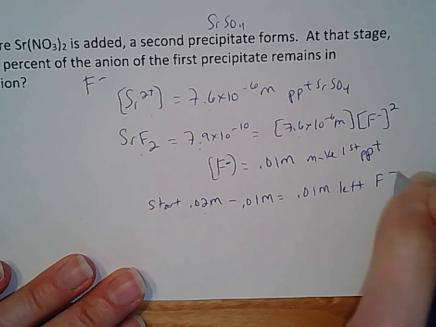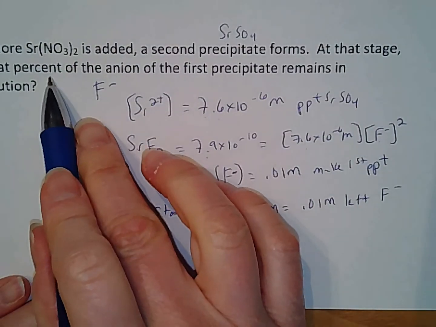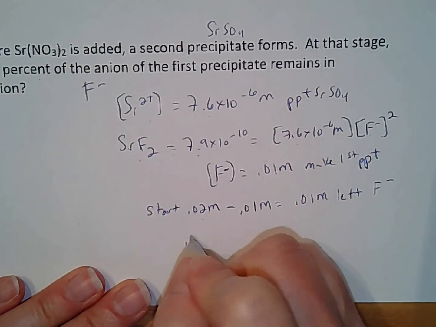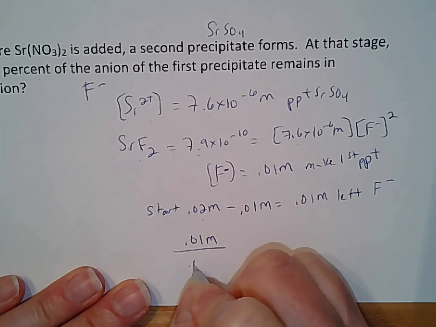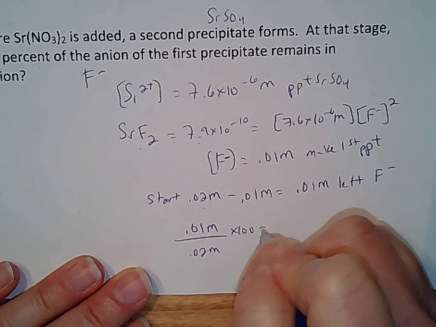How much of that in terms of a percentage? Well, again, 0.01 molar over what I started with, which is 0.02. If I multiply that by 100, I get about 50% of the anion.